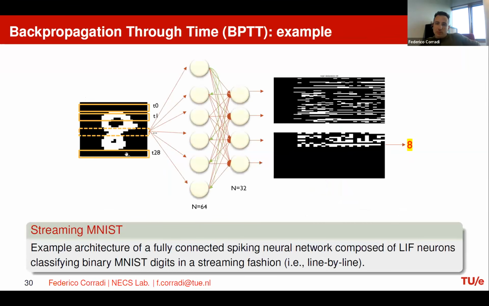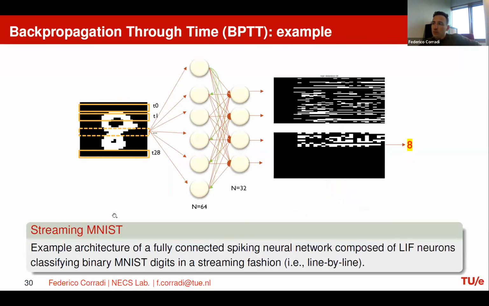And so, for example, now imagine that, and this is also true for the ECG case, imagine that now you're streaming. Imagine that you want to classify binary images of MNIST. At time zero, you have 28 neurons that spike or not, depending on whether the pixel is white or not. And then you have a fully connected layer of 64 neurons that also has recurrent connectivity. And then you have an output layer of 10.